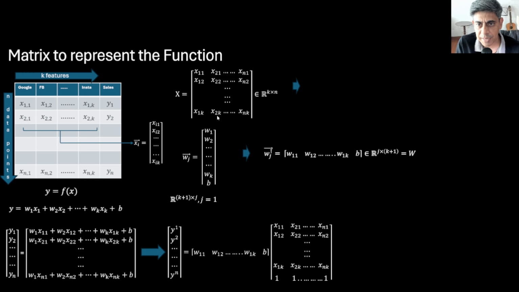And now to match that, you see the X has been broadcasted with 1, so that the B can also be multiplied to incorporate these plus B's. So the matrix X has been extended with one more row, which is having 1. W we had already extended with B. Now this is a row vector, so the dimension is j into k plus 1, and here there are k plus 1 rows.